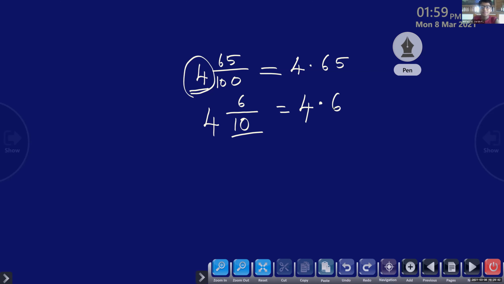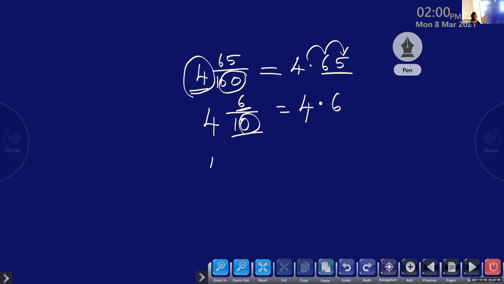Yes, 4.6. So children, here look at the denominator. 100 means in the answer we should have 2 decimal places, 2 digits after the decimal point. Here we have only 1 zero in the denominator and only one number, so we just need to write 4.6.